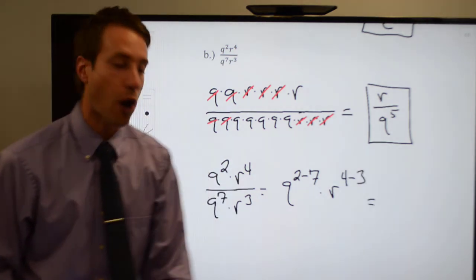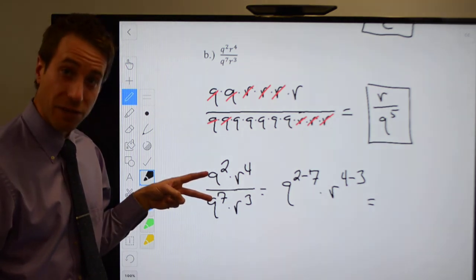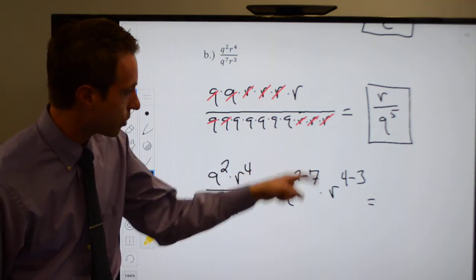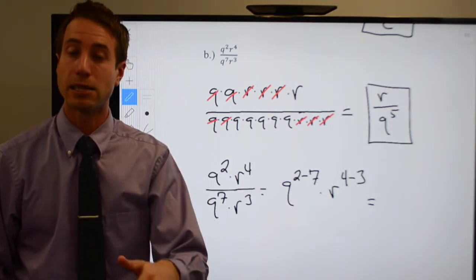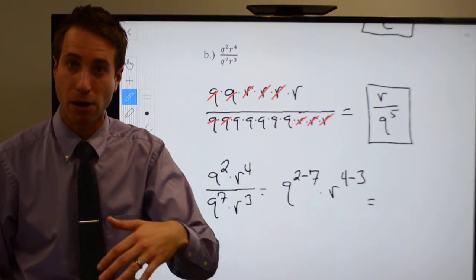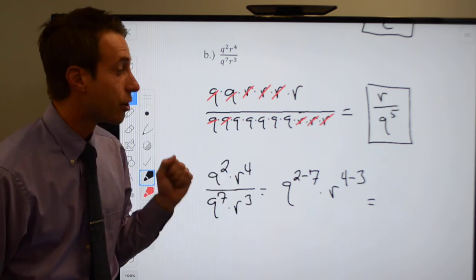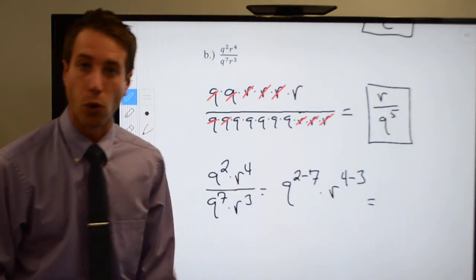Right? That's what the property says. Whenever you have division with like bases, you subtract the exponents. It's always the top exponent minus the bottom exponent.